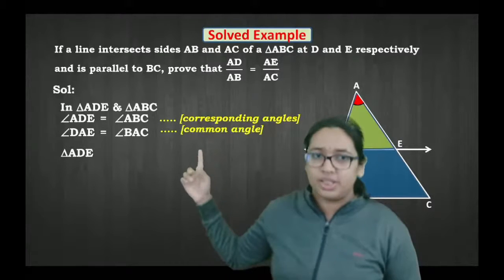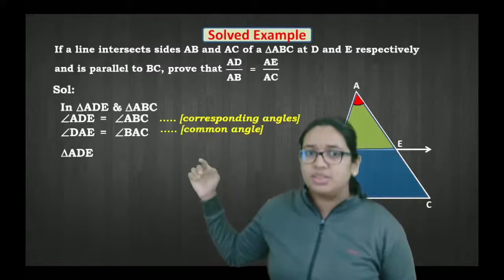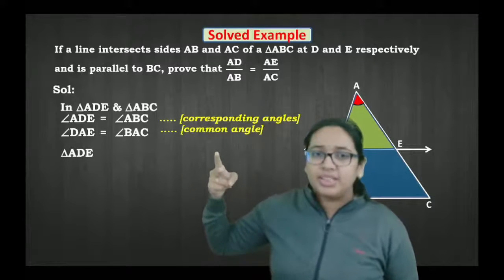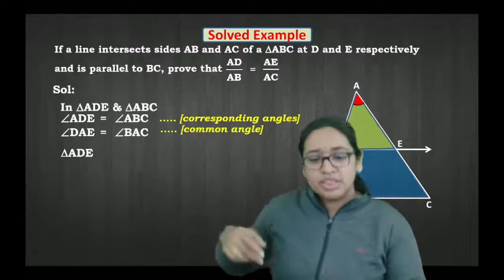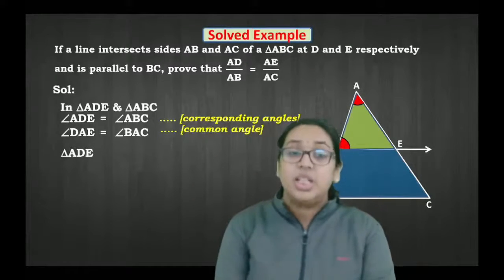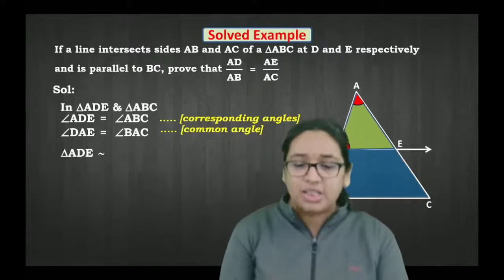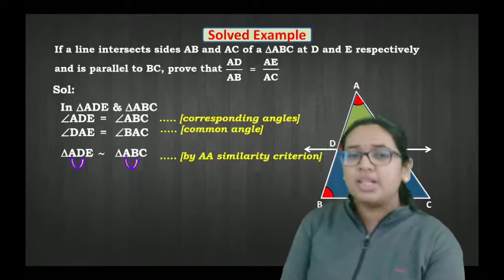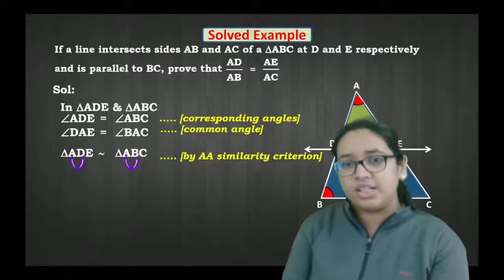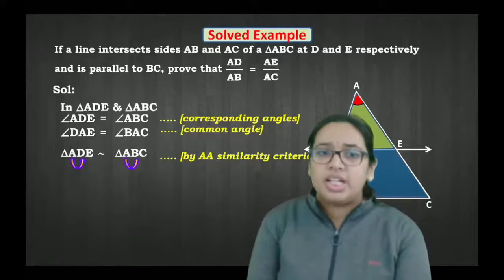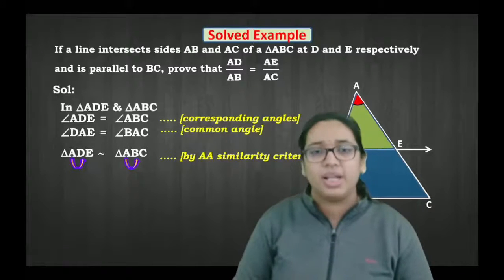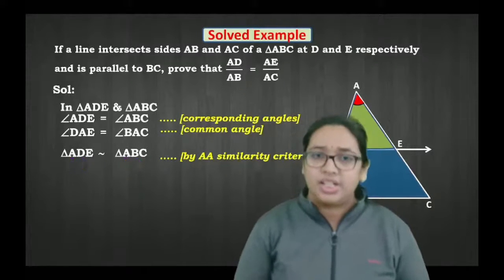That is common angle. Okay. So I think this is enough for you? Two angles you have got equal. So we can say that triangle ADE is similar to triangle ABC by the similarity criteria.